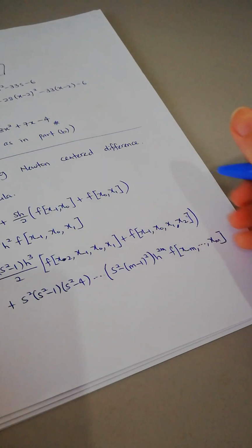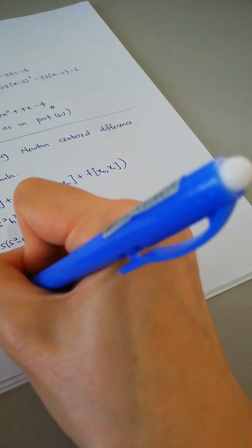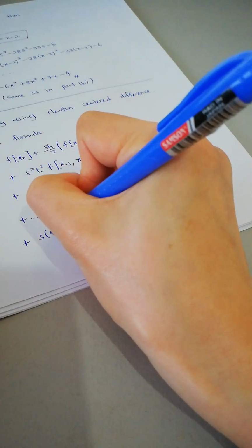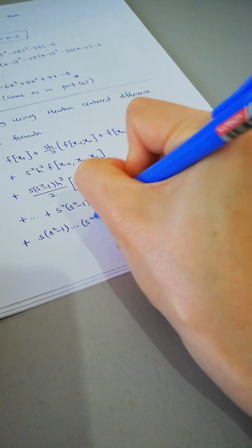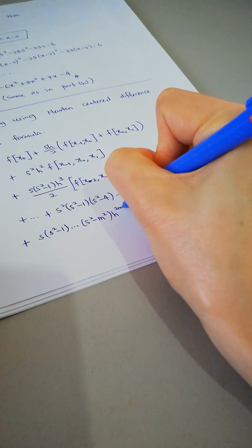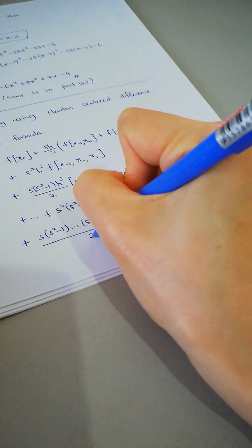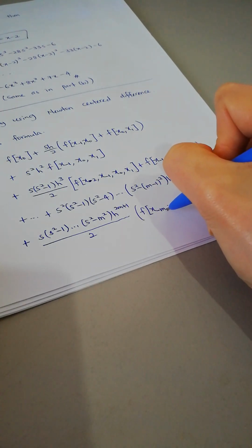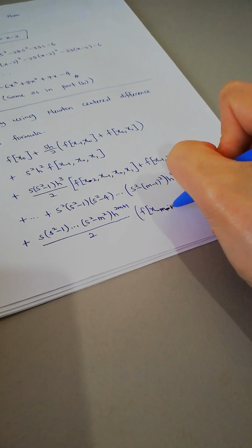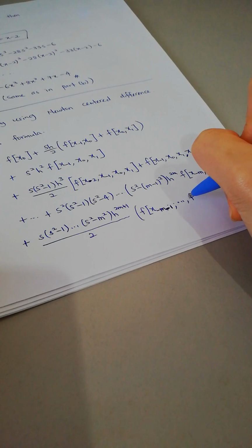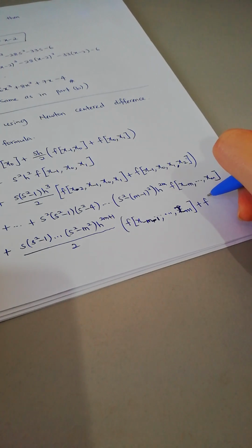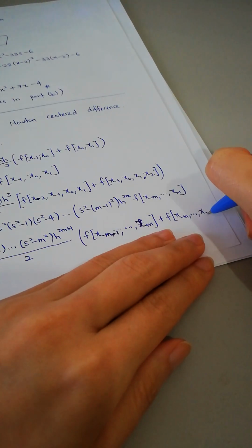You can always refer to your notes if it is not that clear. And then the last one is s times s squared minus 1 dot dot dot s squared minus m squared h to the power of 2m plus 1 over 2 and then times your f x negative m dot dot dot negative m minus 1, this negative m minus 1 dot dot dot until xm and then plus f x negative m dot dot dot xm plus 1.